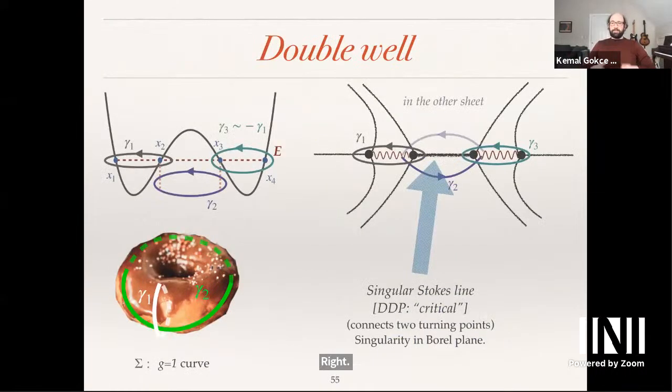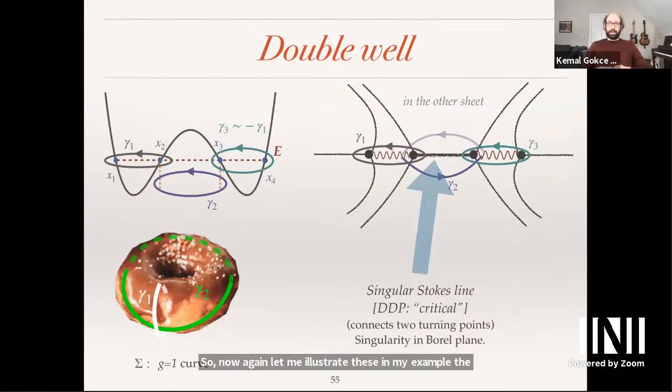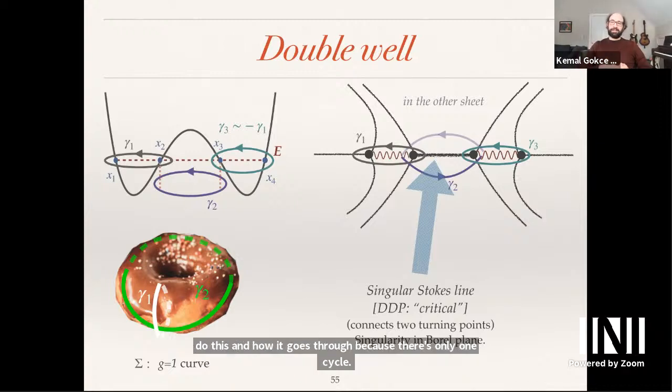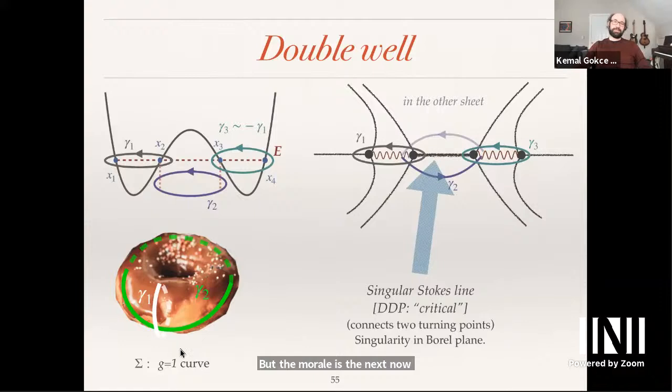So now again, let me illustrate this in my example, the double well example, because I can't do this in the harmonic oscillator, since there's only one cycle. But the double well is the next example, where I actually have two cycles, gamma 1 and gamma 2. And this is a symmetric double well, so these two wells are symmetric.